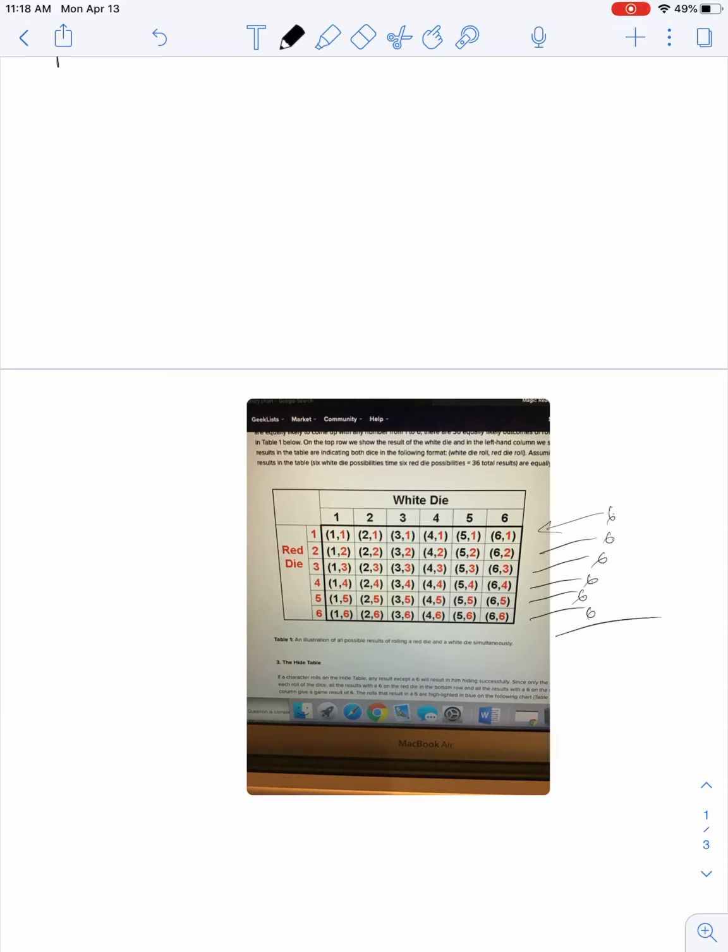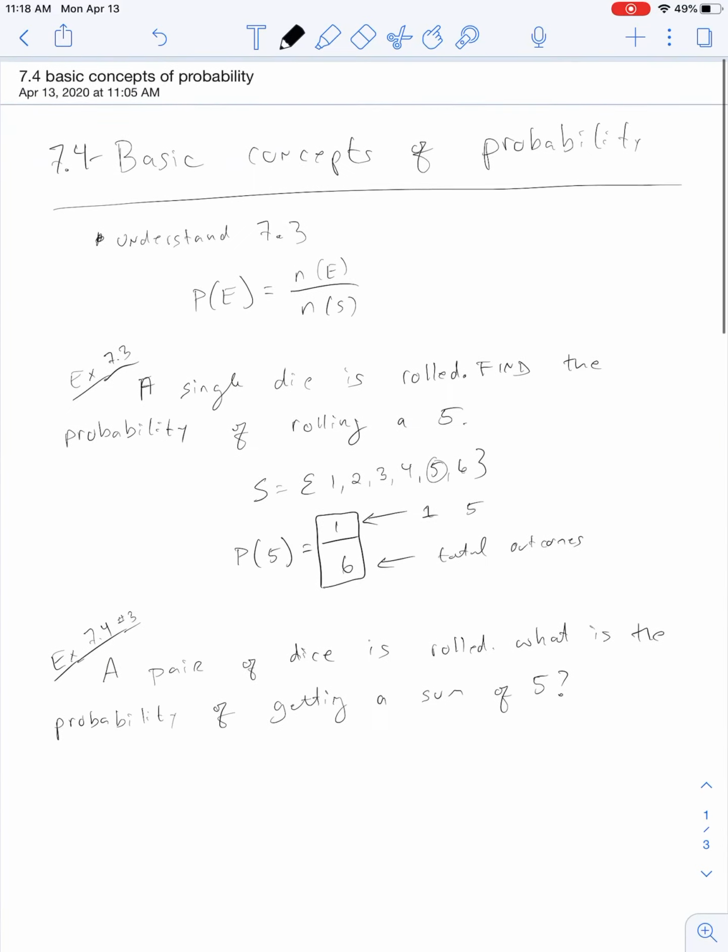How many do we have in total? 1, 2, 3, 4, 5, 6 of them. We can add all of these up, or we can multiply, all right? But we see we get 36 possible outcomes. So that's very important to understand.